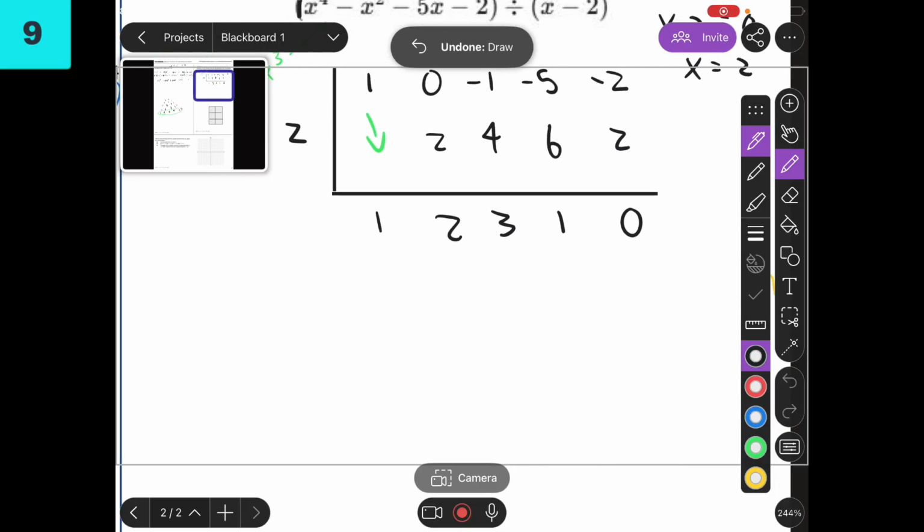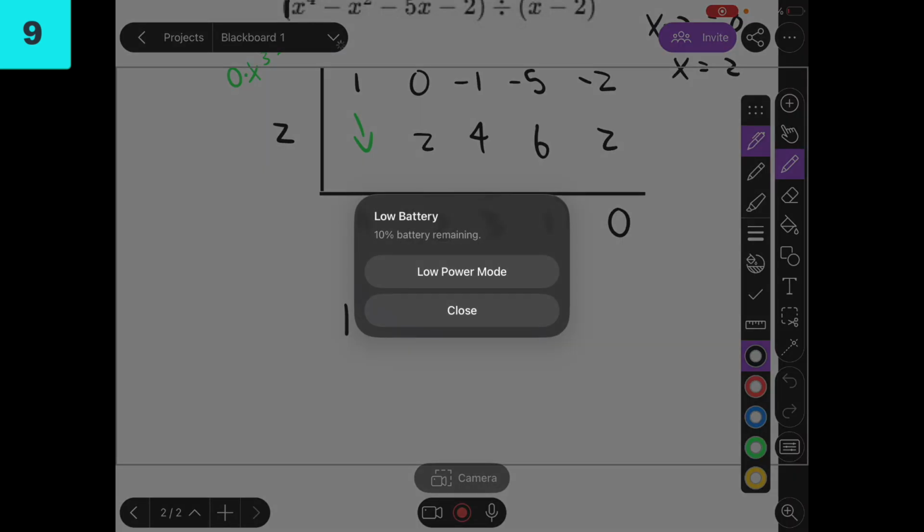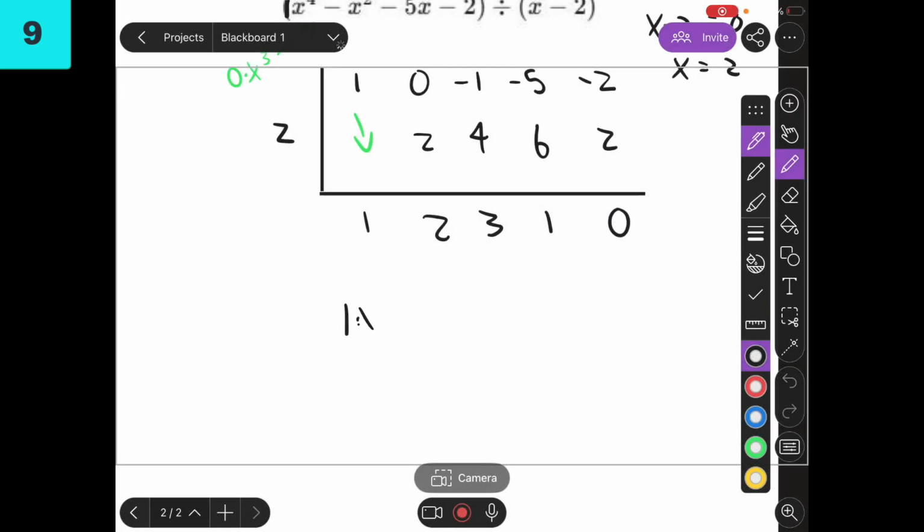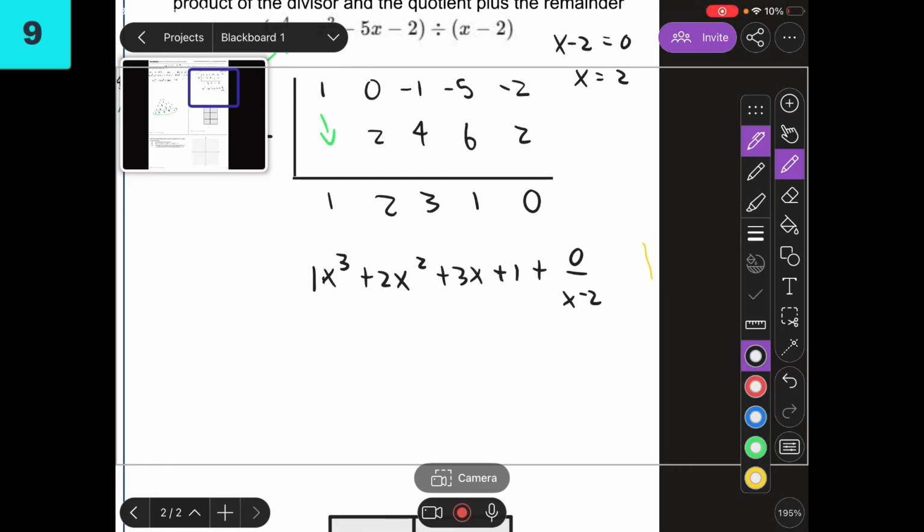So in this case, I have 1 times x to the power of 3 plus 2x squared plus 3x plus 1 plus remainder 0 all over x minus 2.